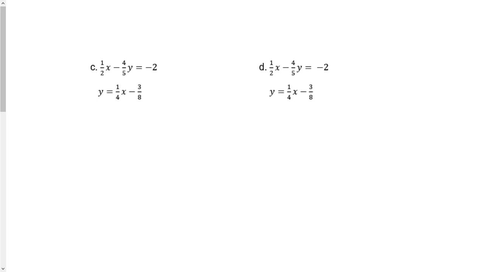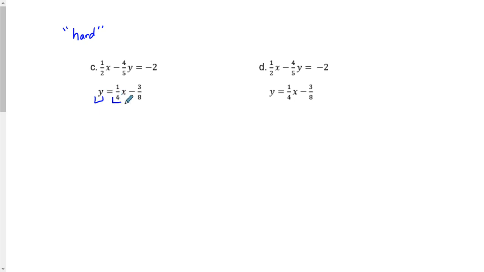There are two primary methods to working with these fractions, and I'll show you both. The first one is going the, I'll call it the hard way. It's not really the hard way as long as you understand fractions. The hard way is leaving everything as is. And if you leave everything as is, you'll be fine. Now the beautiful thing is this equation already has a y by itself.